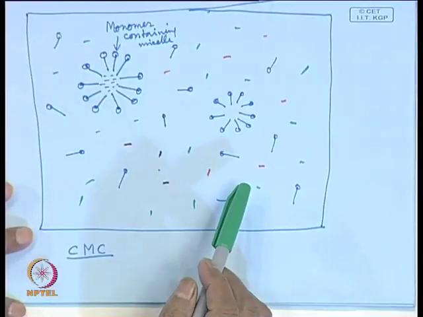Whereas, if you take benzoyl peroxide or AIBN, you have to heat beyond 50-60 degree Celsius, otherwise those will not produce free radicals. But these water soluble or redox initiators can produce free radicals at a lower temperature than the decomposition temperature of peroxide initiators.